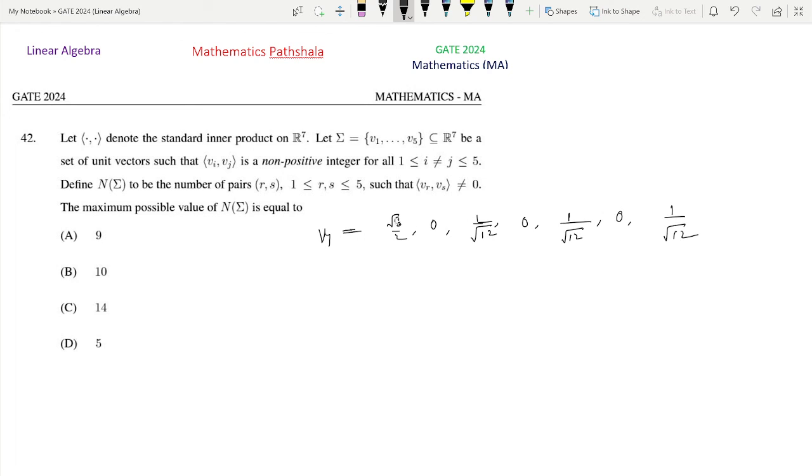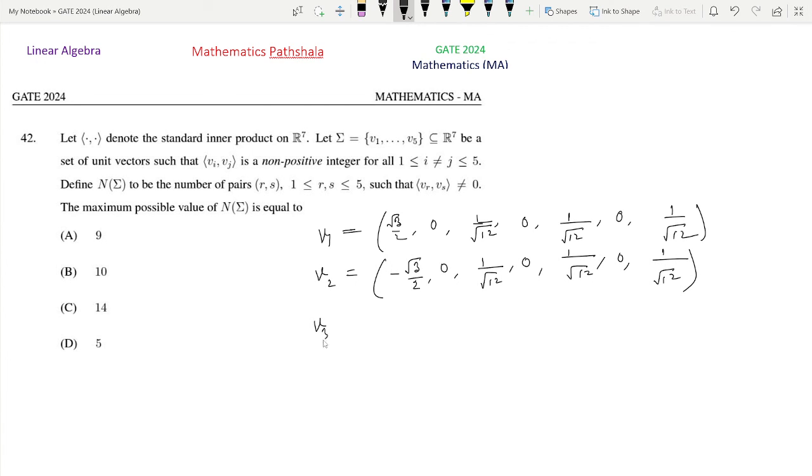See, this is an element of R7. Okay, now let us write V2, that is (minus root 3 by 2, 0, 1 by root 12, 0, 1 by root 12, 0, 1 by root 12).